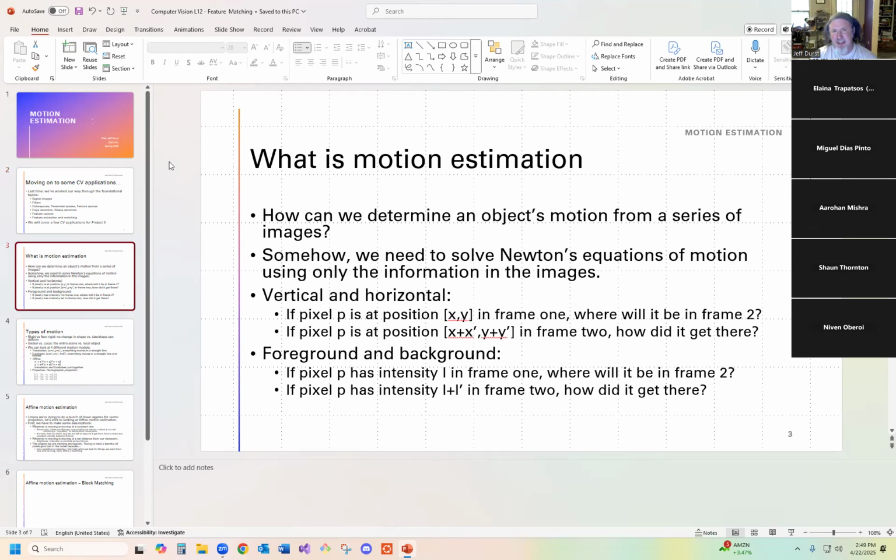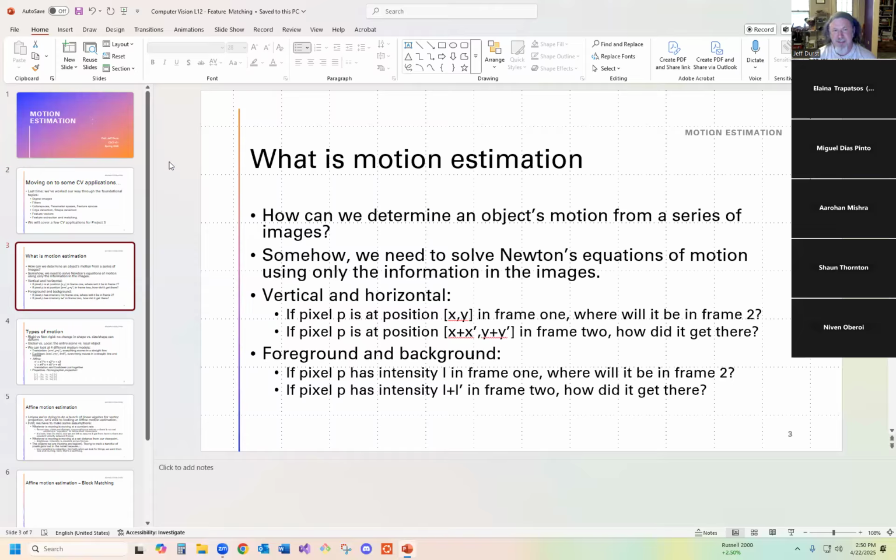So the idea is we want to determine an object's motion from a series of images. And the way we do that is the way we determine motion for anything, right? We have to solve Newton's equations. Can we take the kinematic equations for motion that we are familiar with and apply them to pixels inside an image?